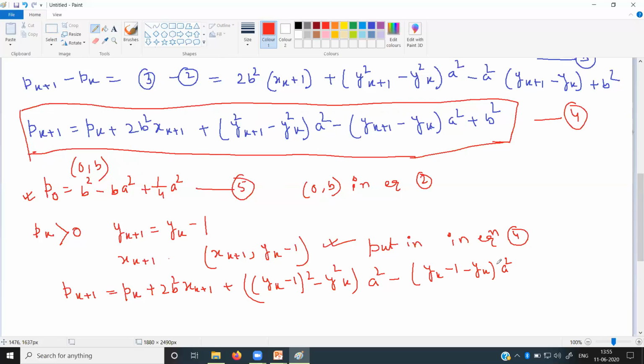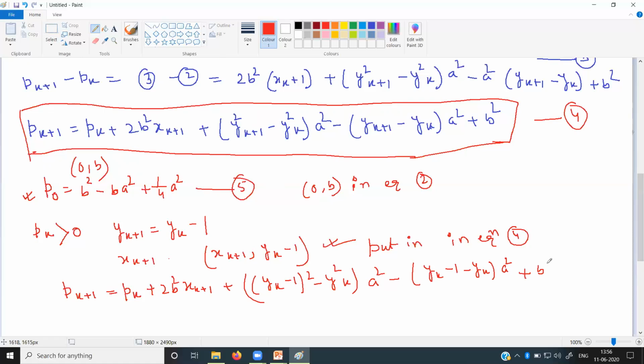Okay, make it clear. What we are doing is just substituting the points in this equation 4, and we are getting this one, and then it will be b square.